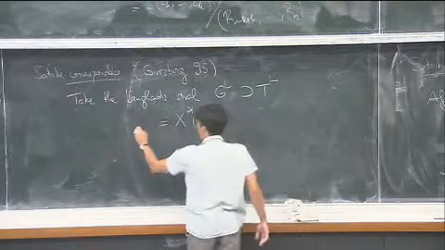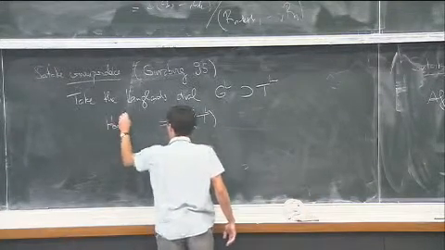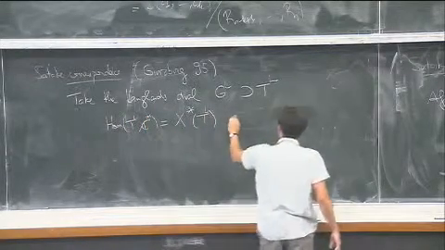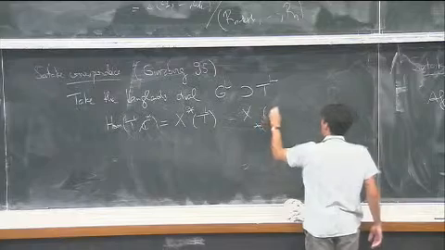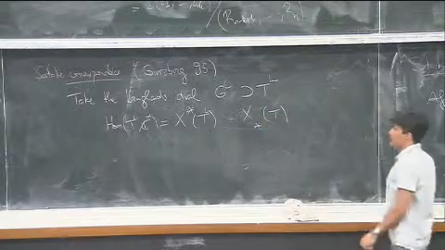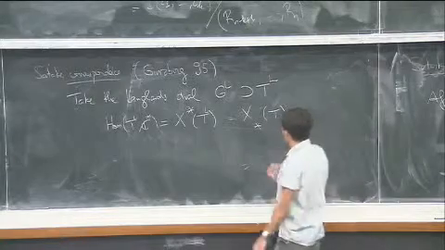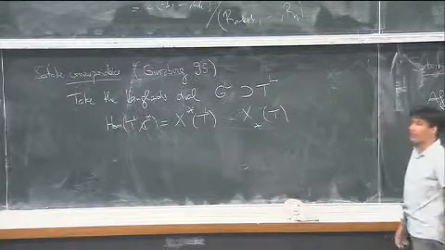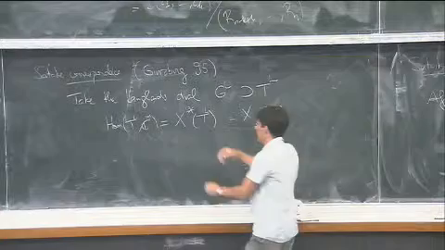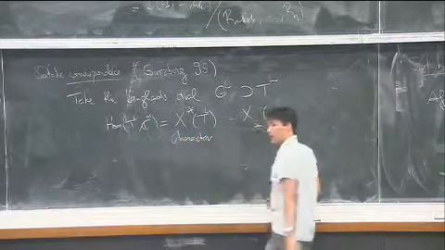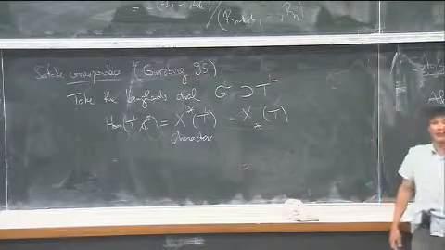So this is the space of homomorphisms from the torus to C star. This corresponds to the co-characters, the one-parameter subgroups of T, and then the characters here index the irreducible representations of the group.